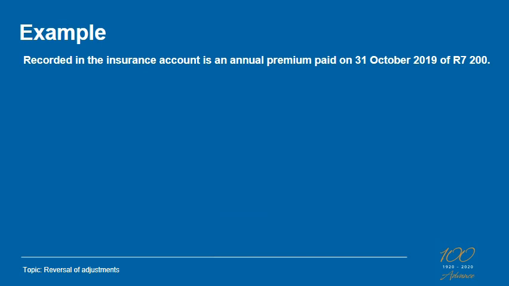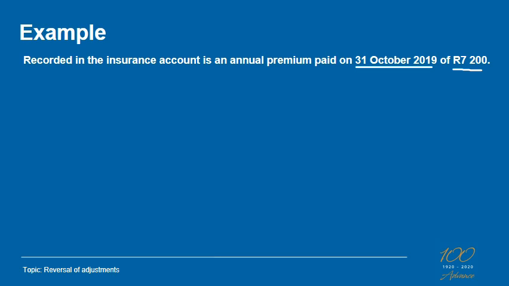In my example, we've recorded in the insurance account an annual premium, annual means for 12 months, paid on the 31st of October 2019, and the amount that we've paid is 7,200.